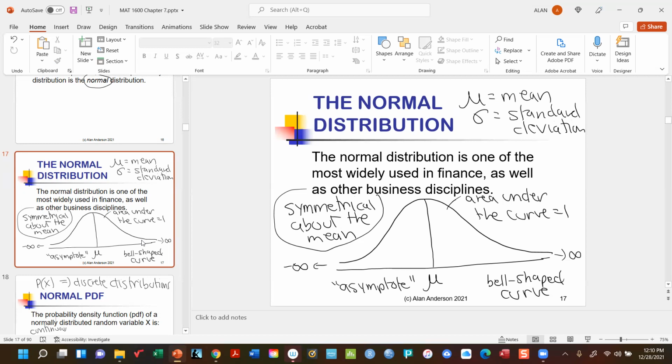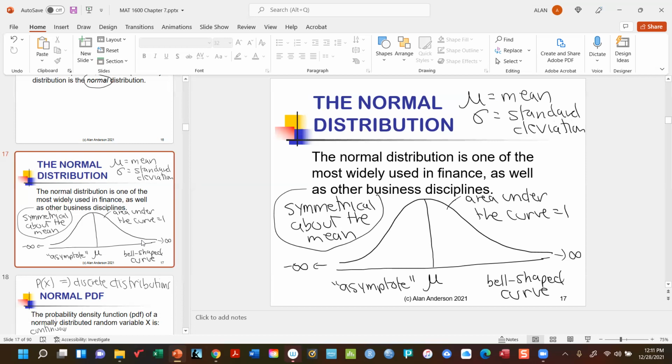We have that wonderful property of symmetry, which you'll see later on will help us with our calculations in many cases. And like all other continuous distributions, the entire area under that curve is defined to equal 1, so that areas correspond to probabilities. And if you notice, the curve goes all the way out on the upside to positive infinity, and on the downside, it goes all the way down to negative infinity.